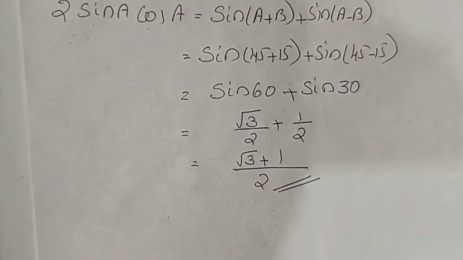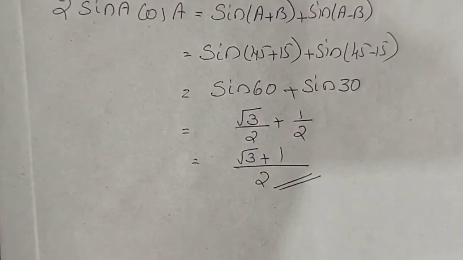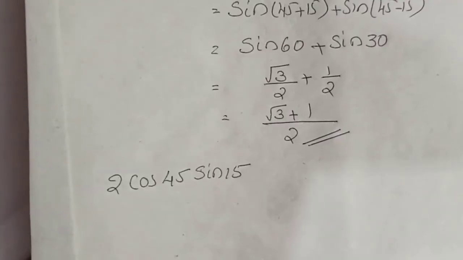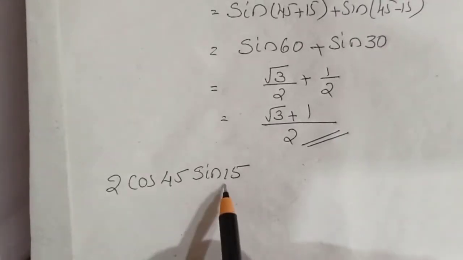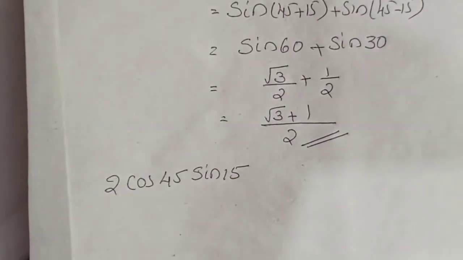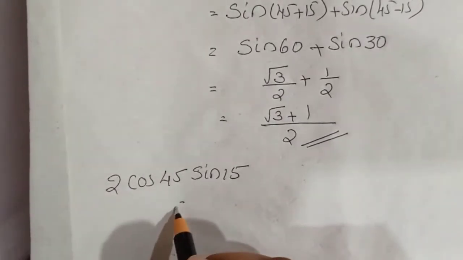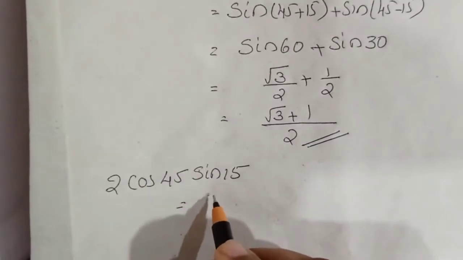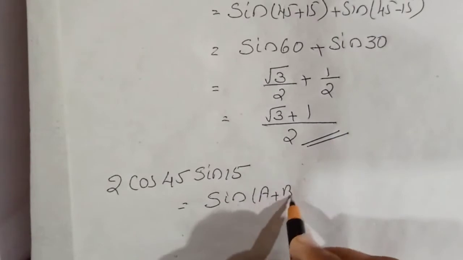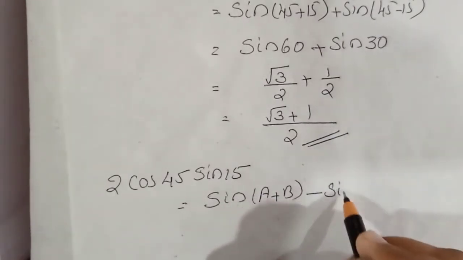Okay. Then write the next question. Write down 2 cos 45 sin 15. Remember, here cos function first. Therefore, what is the answer? Sine sum minus sine difference.